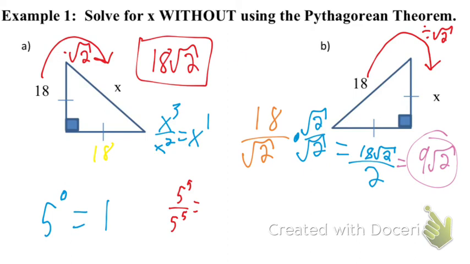Just like when you're multiplying x to the 3rd times x squared, you add the exponents to get x to the 5th. Multiplying the same base, you add the exponents. Dividing the same base, you subtract the exponents. But wouldn't it be 0 divided by 0? No. Anything to the power of 0 is just automatically 1.